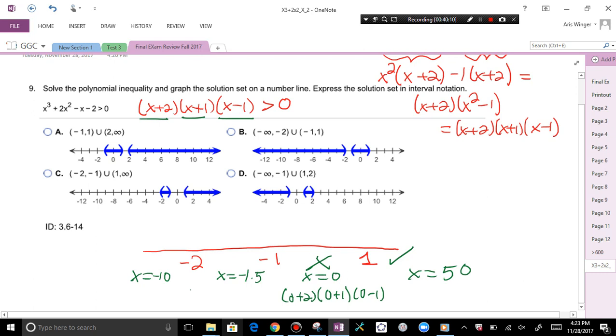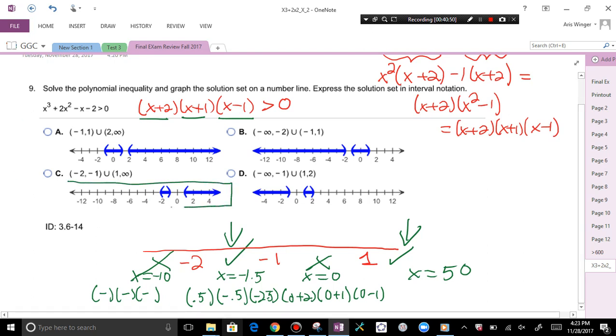If you put in negative 1.5, you get a 0.5 times a negative 0.5 times a negative 2.5, which is a positive times a negative, and that is a positive. And then if you put in negative 10, you get a negative times a negative times a negative, which is negative. But I only want the places where you're greater than 0. So it's those two places. All the numbers between negative 2 and negative 1, and all the numbers bigger than 1.